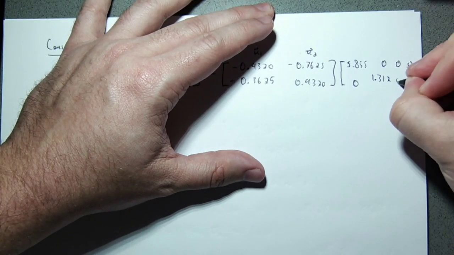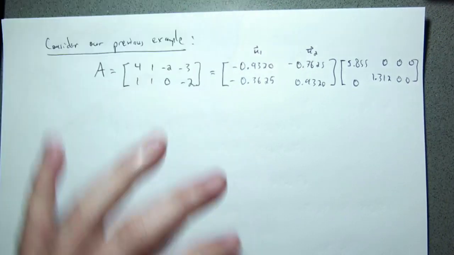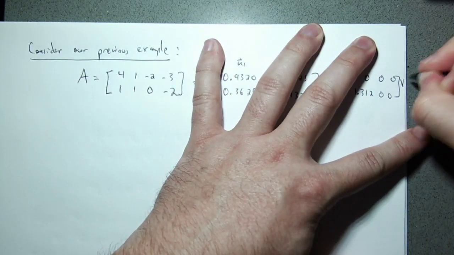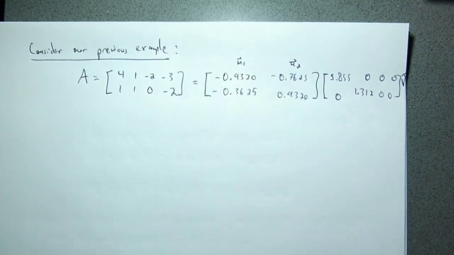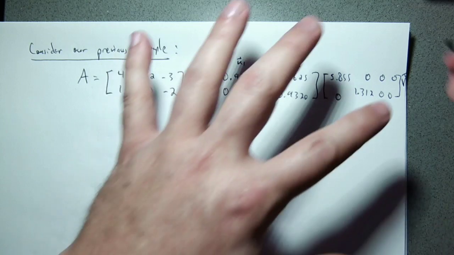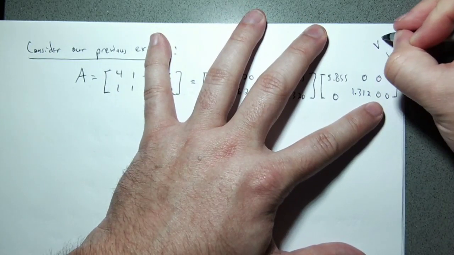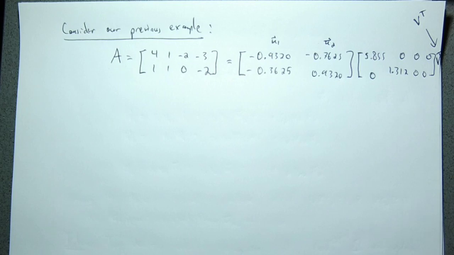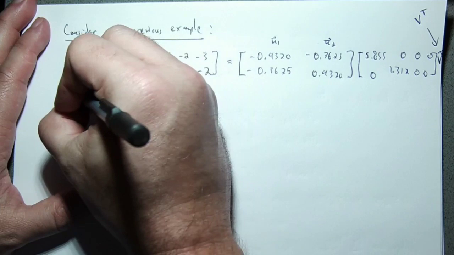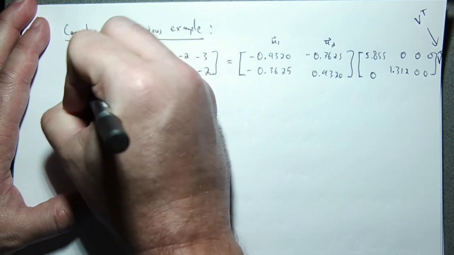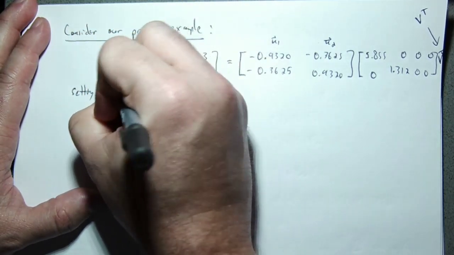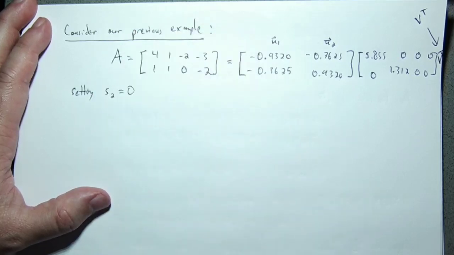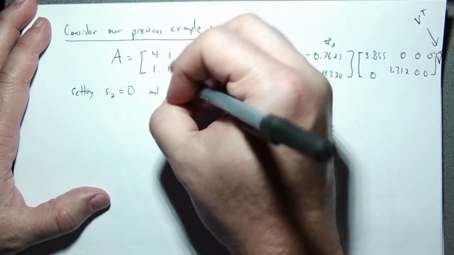And I have a V transpose; maybe I should draw an arrow here since I ran out of room. So this is V transpose there. In keeping with our previous examples, I'm typically not going to write out V, I'm just going to leave it as V transpose. So this was what we had in the previous examples. So setting S sub 2 equal to 0 and recalculating the matrix product.